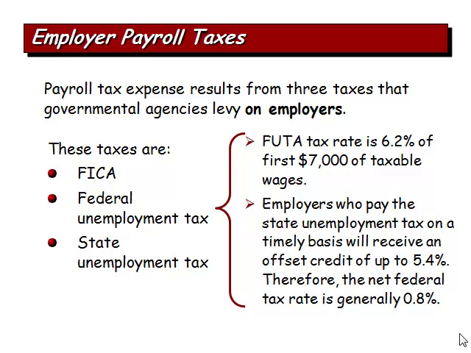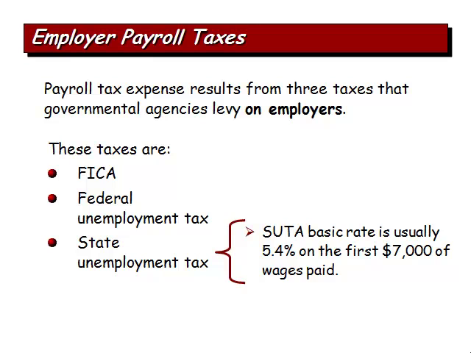And finally we have SUTA, which is state unemployment tax. And I think the textbook is just simplifying things here when it says the basic rate is usually 5.4% of the first 7,000 of wages payable. It's actually a lot more complicated than that, and it's based on the employer's past performance.